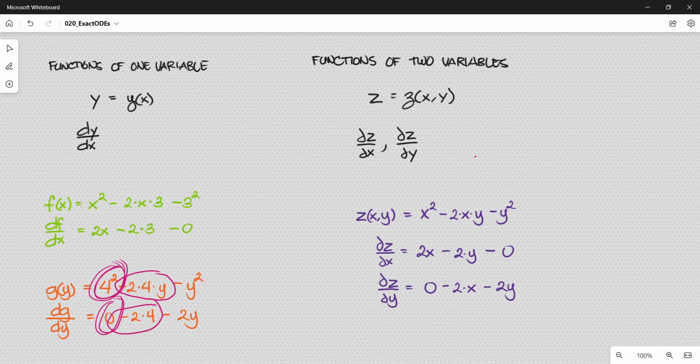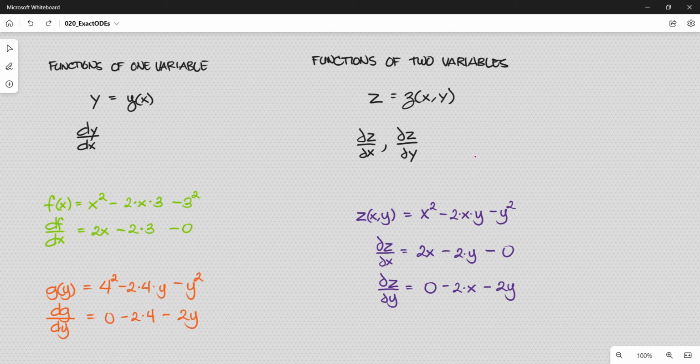Okay, so derivative lang ng polynomials. Kung naalala nyo sana. Tapos ito din, derivative din ng polynomials. Monomial. So yung derivative ng negative y squared is negative 2y. Okay? So yun yung derivatives ng functions of one variable.